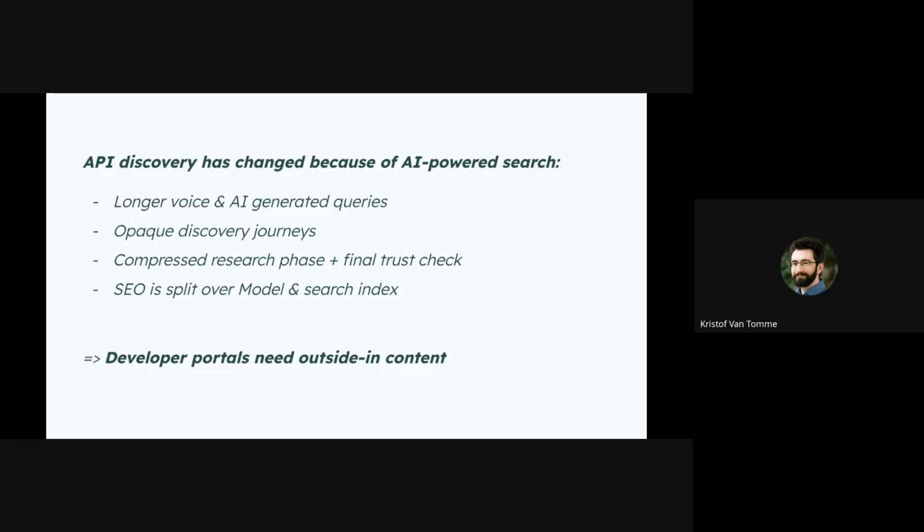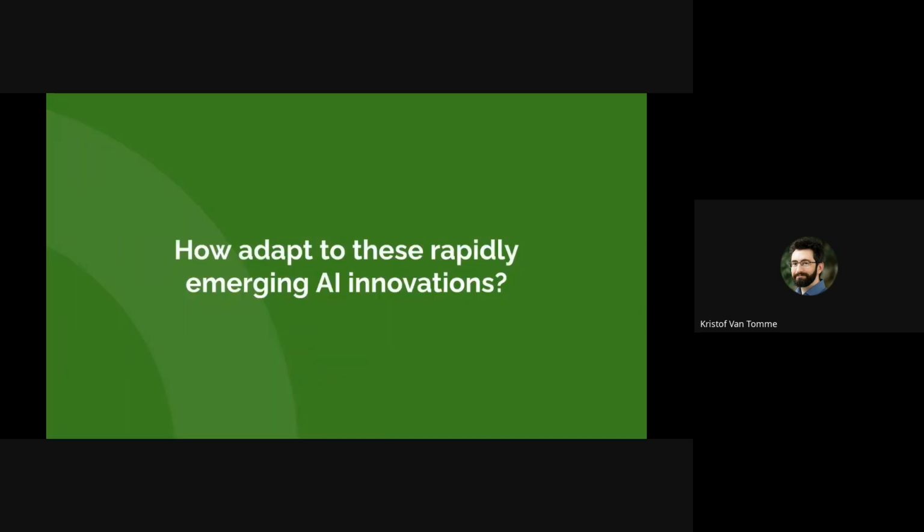So having your very specific token sequences, like very specific sentences, included in AI models can help your discoverability. And all of this means that API marketing, the role of developer portals in making APIs discoverable and findable, has evolved massively, and that there's a need for outside-in content. I'll explain this a little more in a moment.